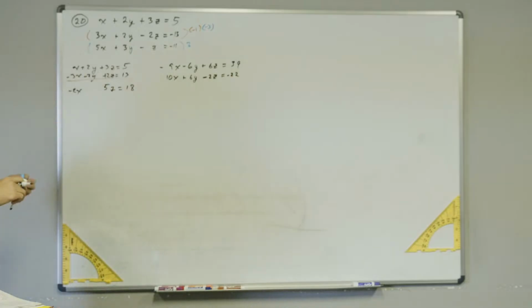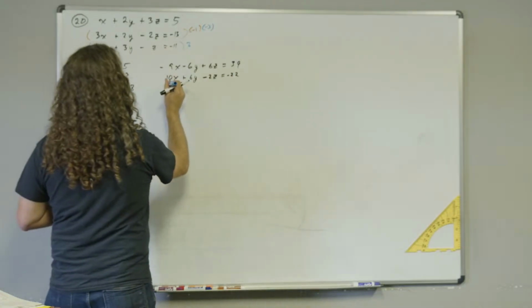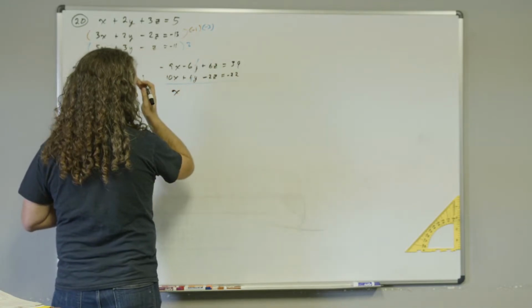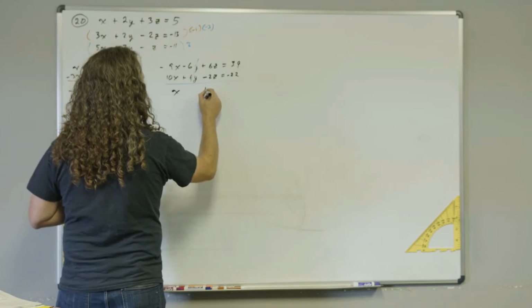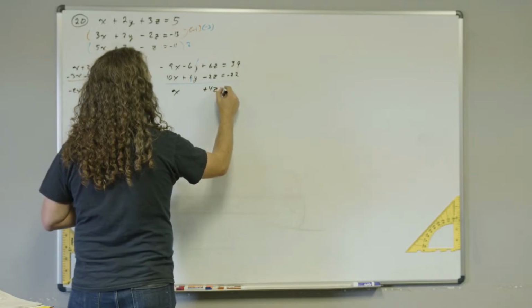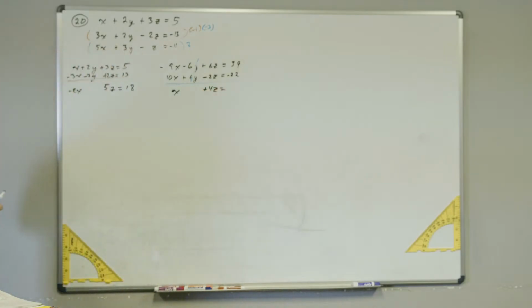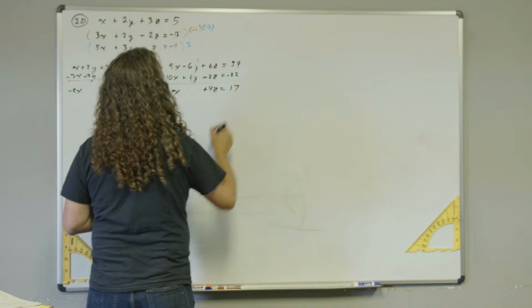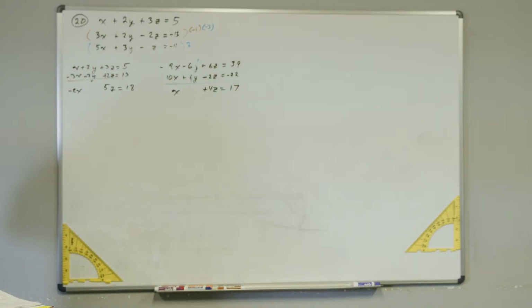Kill the y's. Again, x plus 4z equals positive 17. Great. Now what?